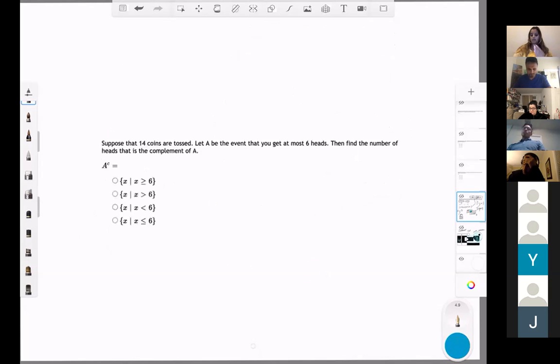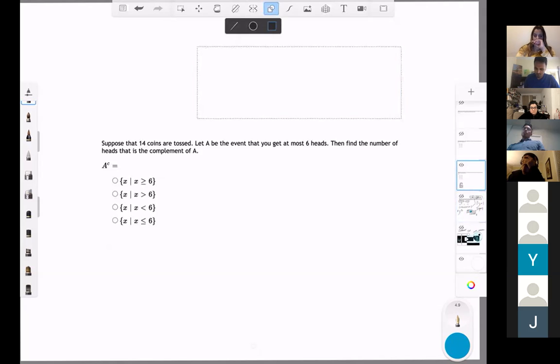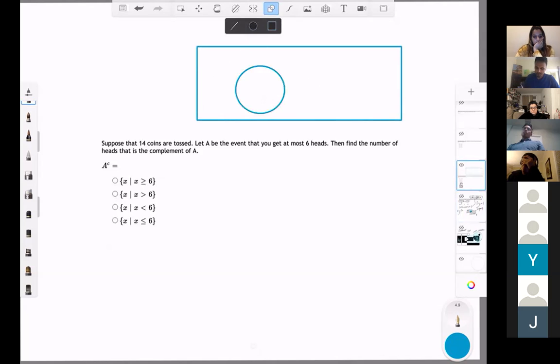Let's have another one. This is dealing with complements. We learn that usually we have a universe. This is going to be the universe. And let's say this is A. The circle is the set A. I mean, there are numbers here, 1, 2, 3.